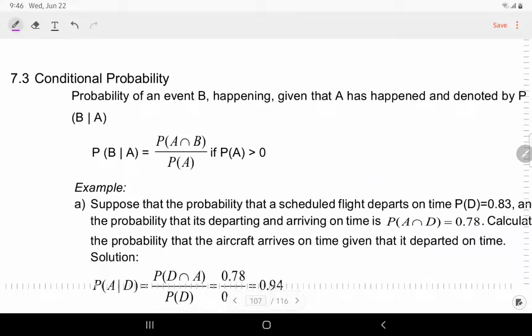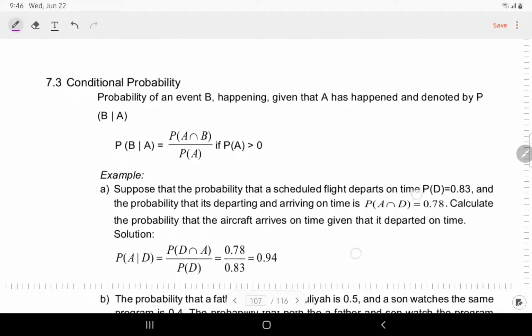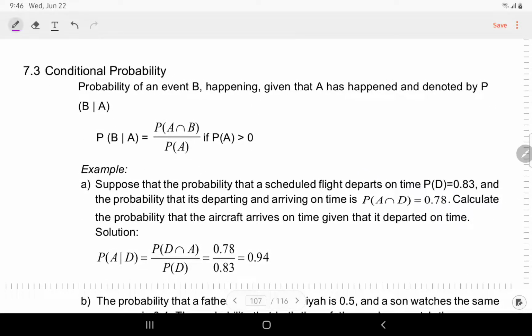So next, the conditional probability. Okay, probability maksudnya apa tadi? Kebarangkalian yang ada conditional, yang bersyarat. Okay, the probability of event B happening given that A has happened.